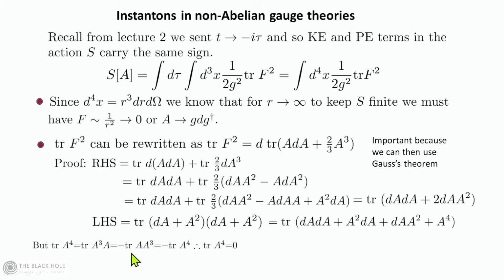So trace of A to the 4 is equal to minus trace of A to the 4, which means that the trace of A to the 4 is equal to 0. It's a nice, pretty straightforward thing. But this is the whole beauty of this, that you don't need to do elaborate calculations once you have the language right.